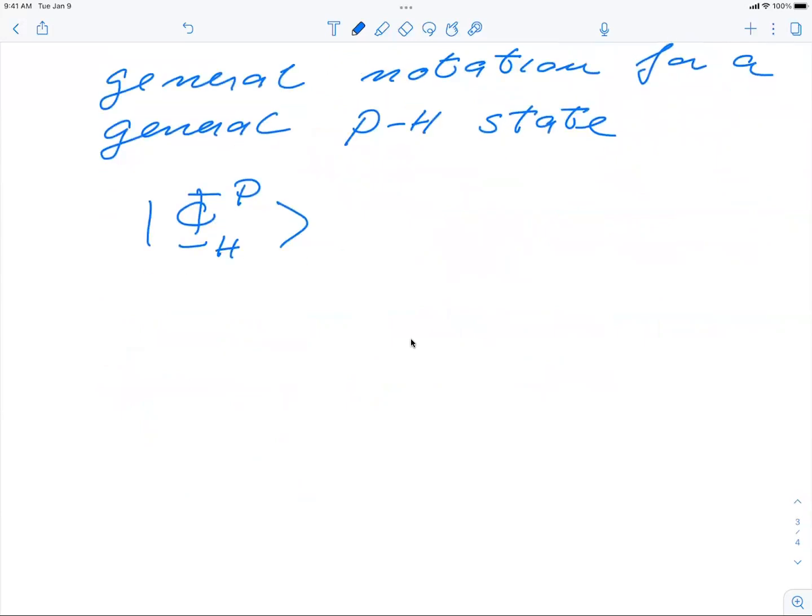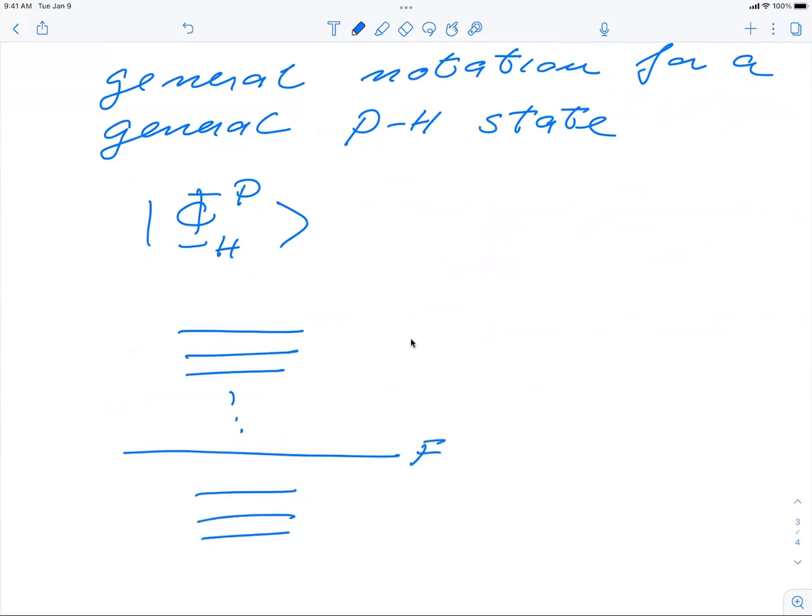So remember now that we have a set of single particle states. In principle, this is an infinite set of single particle states. And we are filling this up to the Fermi level. So we have filled in slots here. So this is normally what we call the vacuum or new reference state, phi 0.